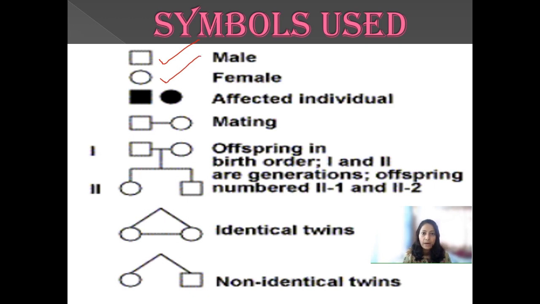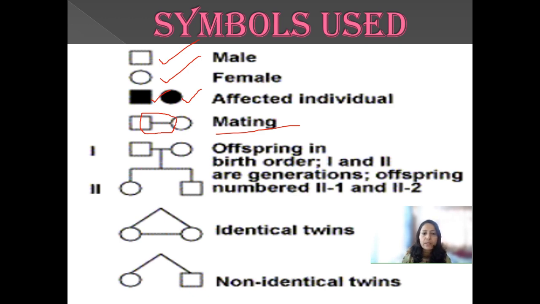Now, if we are to show that the person is affected, then we make use of a darkened circle and a darkened square. Now, if we are to show mating between male and female, in other terms the marriage between male and female, that marriage is represented by a line connecting both the square and the circle.